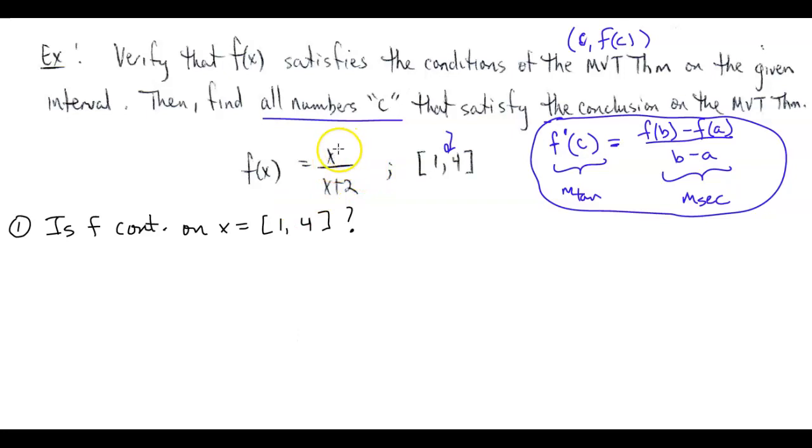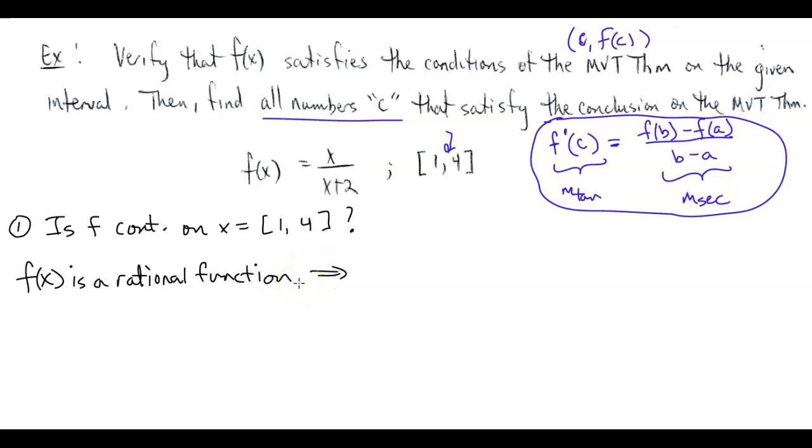So if we look here, we notice that what we have here is a rational function. So here, f of x is a rational function. Now, why is that important?